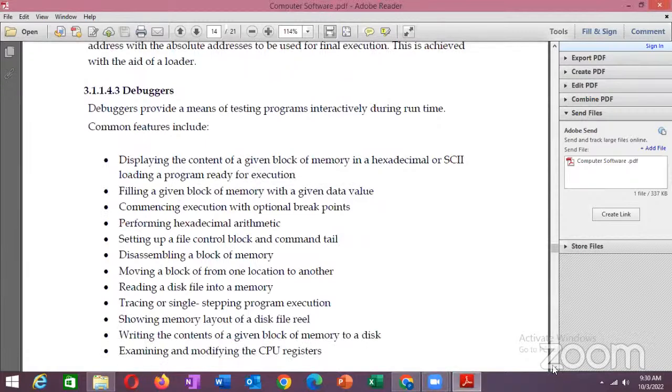So debuggers provide a means of testing programs interactively during runtime.